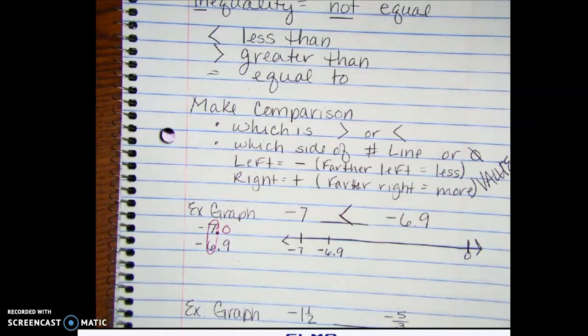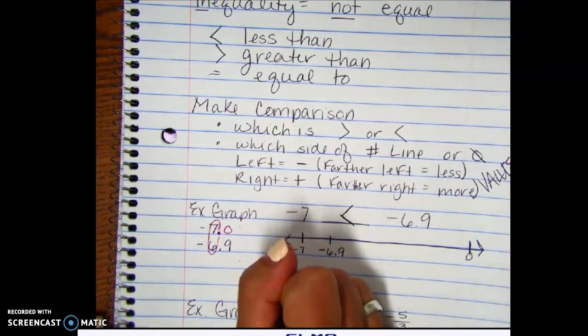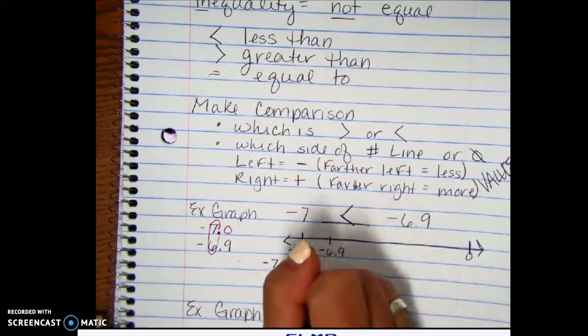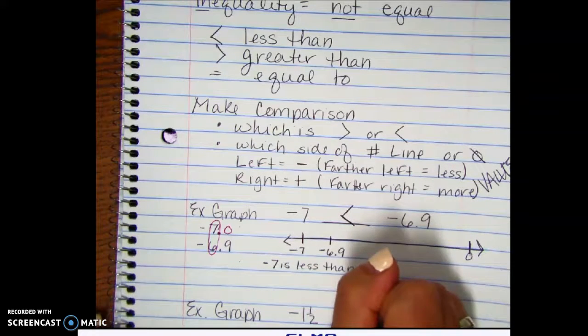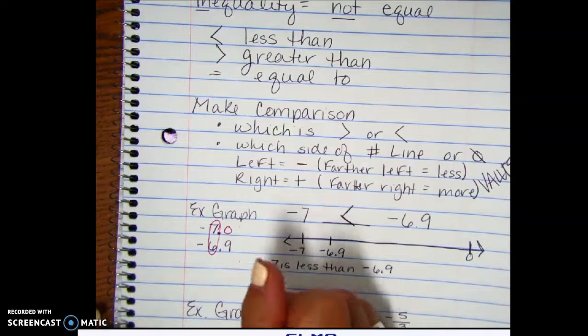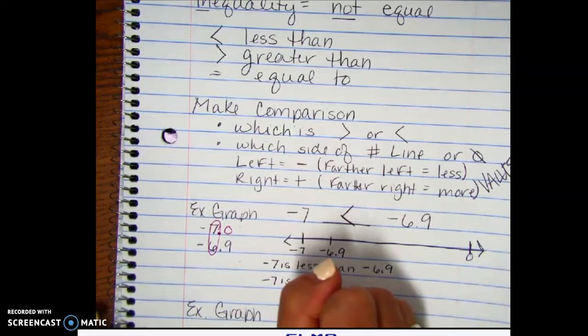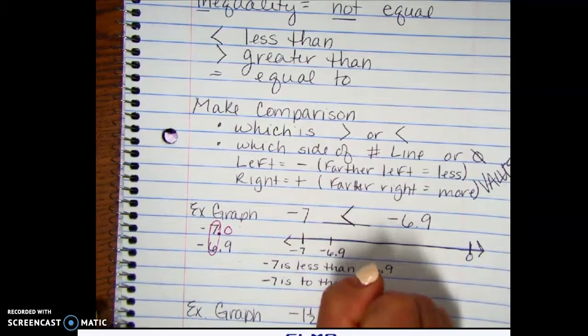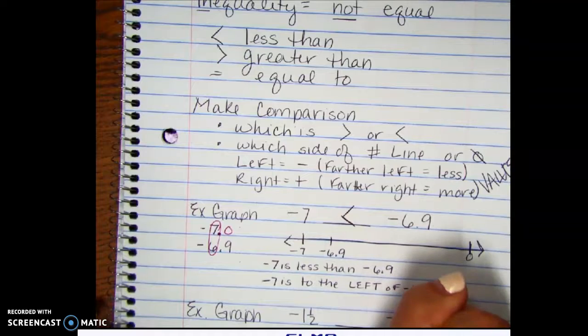Now, what can we say in words for this? Well, we could say that -7 is less than -6 9/10. We could also say that -7 is to the left of -6 9/10.